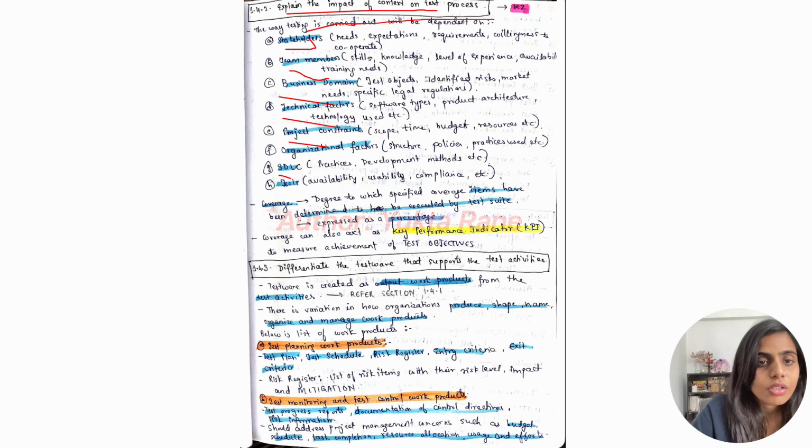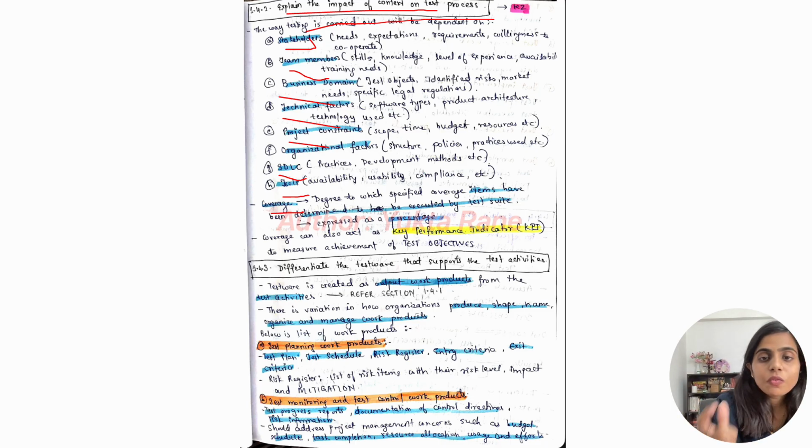This all helps to figure out what level of testing you have to carry out, or what the context of testing is. Here we have to make note of coverage, which is a very important term. I think we have covered it in the previous modules. You can take it as a revision.